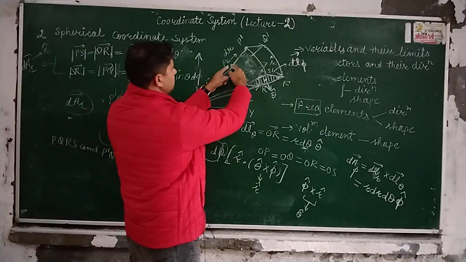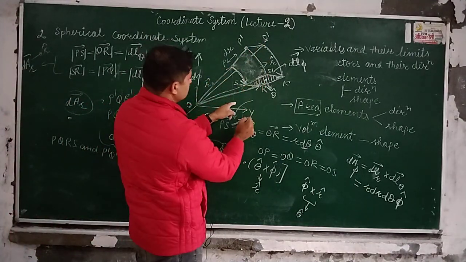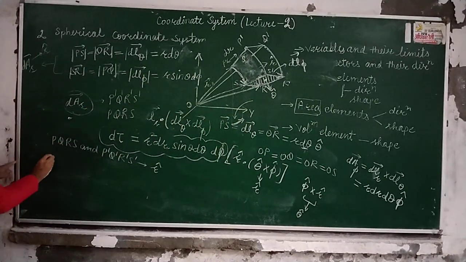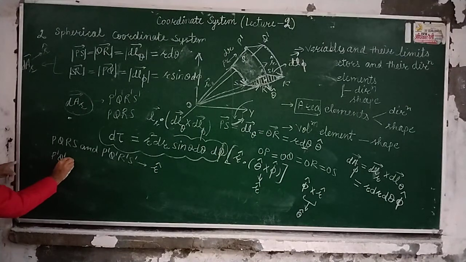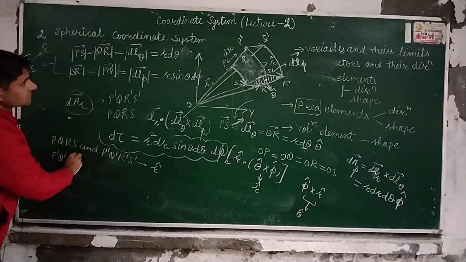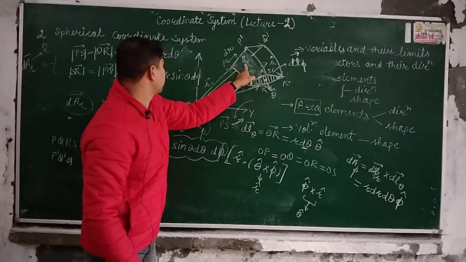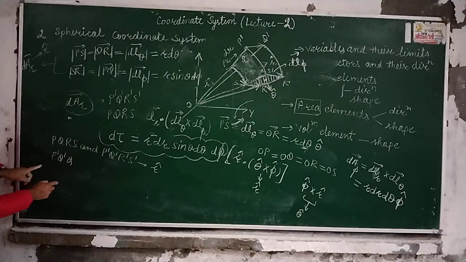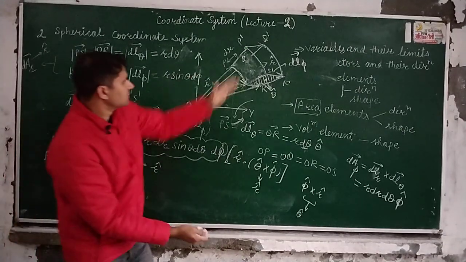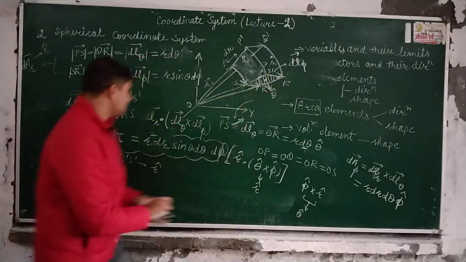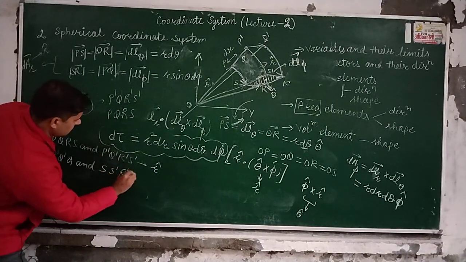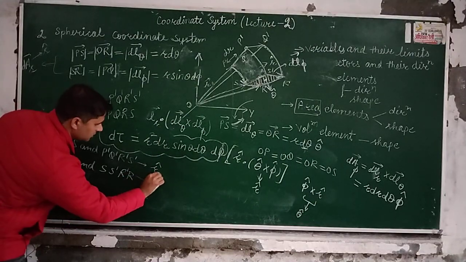And the surface P dash, Q dash and Q, and the surface below it, that is S dash, then R dash and R, this surface, its normal will be along theta cap.